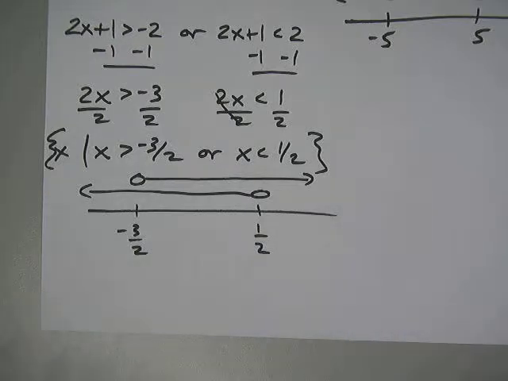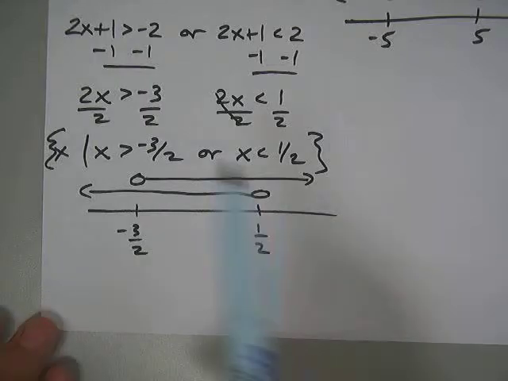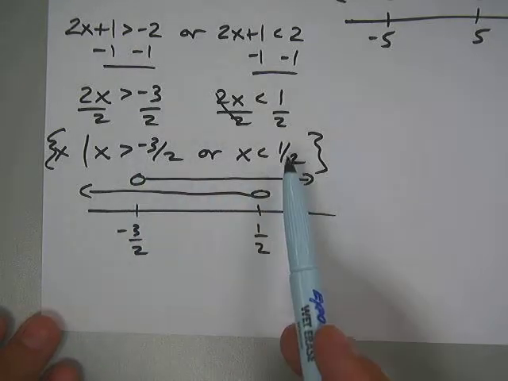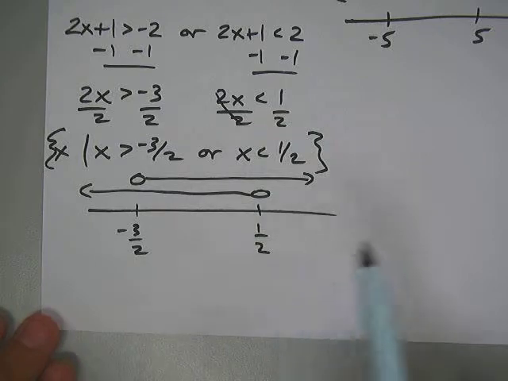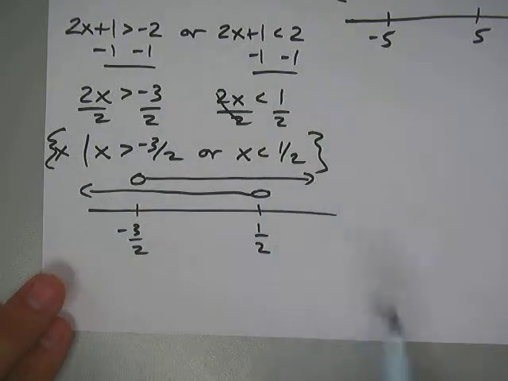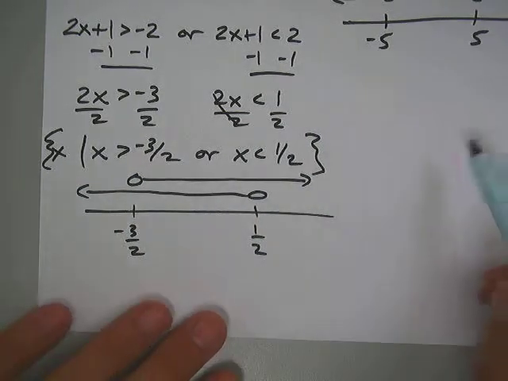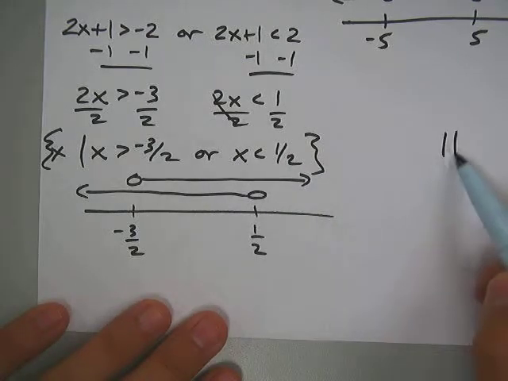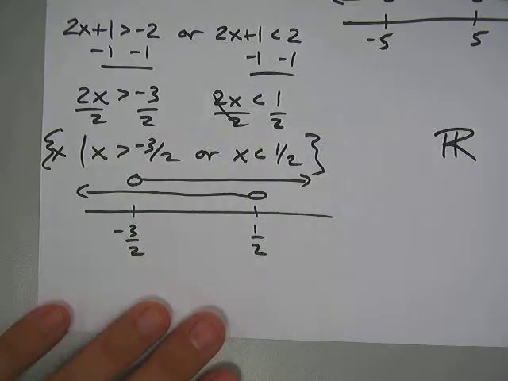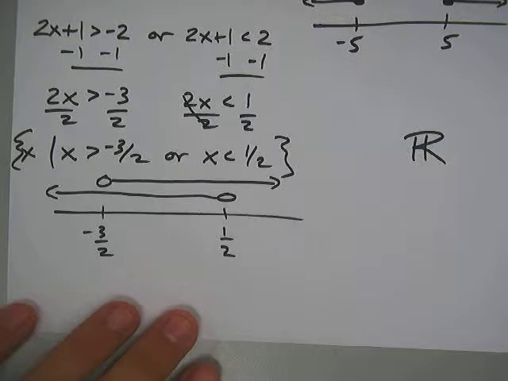That doesn't mean we did anything wrong, but let's think about this again. What's a number that's bigger than negative 3 over 2, or negative 1.5, or less than a half? Well, that would be any number you pick, whether it be 5, 100, negative a million. It's either going to be bigger than this or less than this.